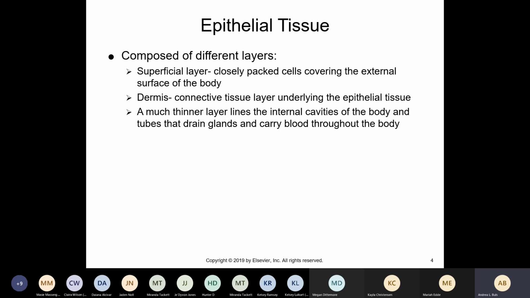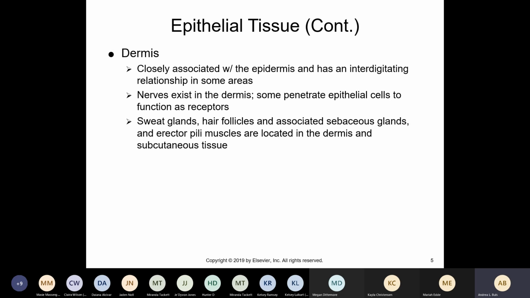There's a much thinner layer that lines the internal cavities of the body and tubes that drain glands and carry blood throughout the body, underneath all of that. So the dermis is closely associated with the epidermis on the surface, and it has an interdigitating relationship in some areas where there are little finger-like projections that hold the epidermis to the dermis.